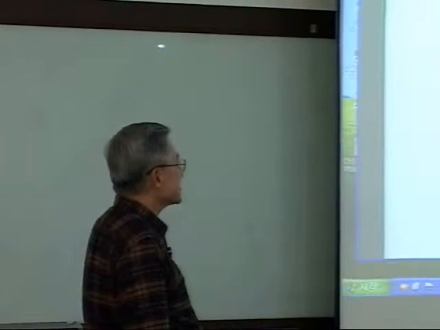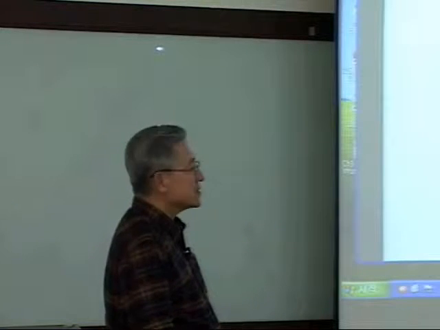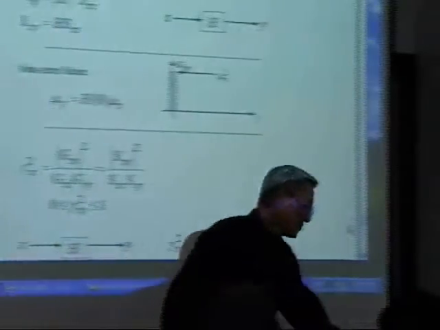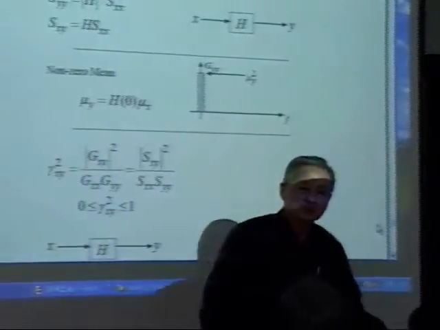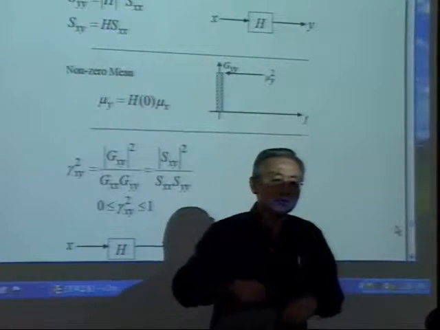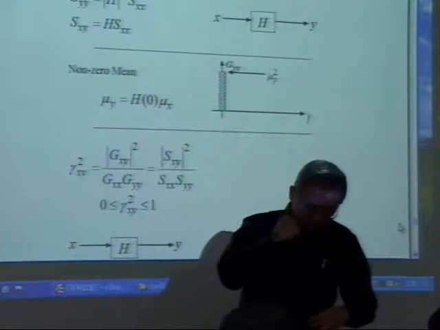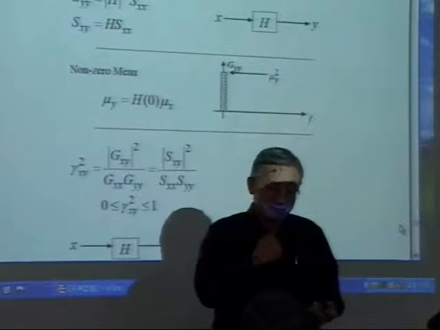S_YY is equal to |H| squared S_XX. I've talked about this 20 to 30 times, and I can replace this expression as G_YY is equal to |H| squared times G_XX, right? S is called the two-sided spectra, and G is called the one-sided spectra.